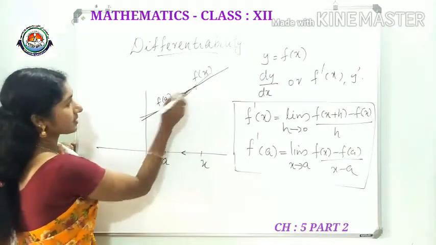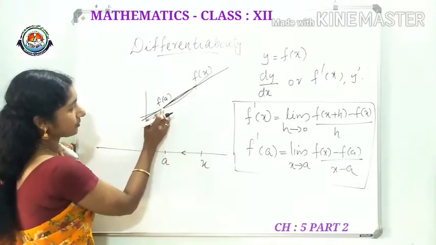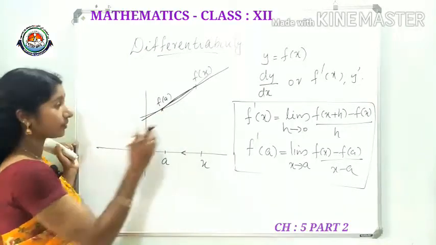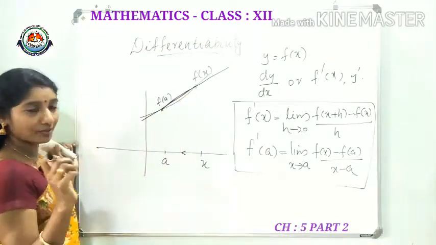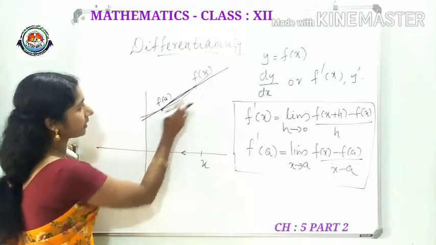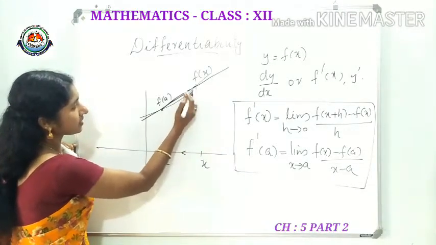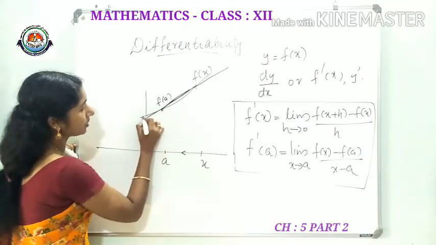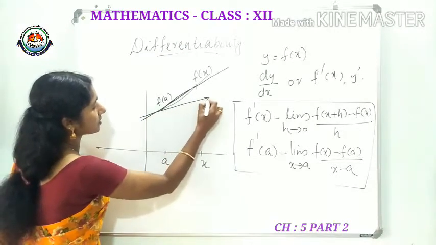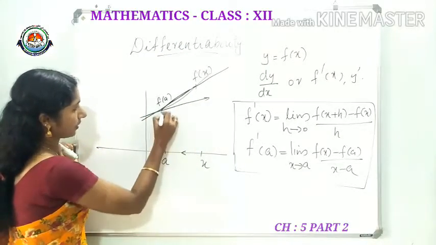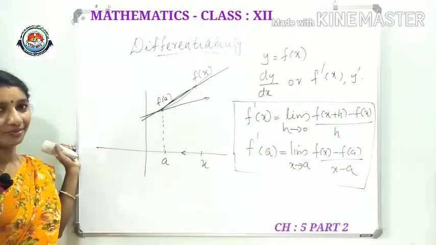Actually f of x minus f of a divided by x minus a is the slope of this line, correct now? So, when x tends to a, what will happen for the secant? The secant converges to the tangent at x equal to a, correct now?